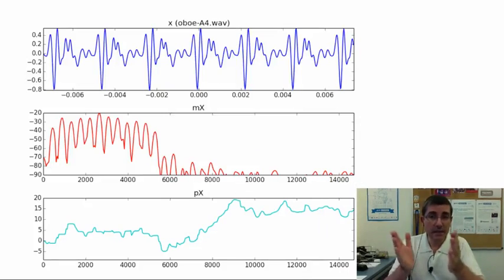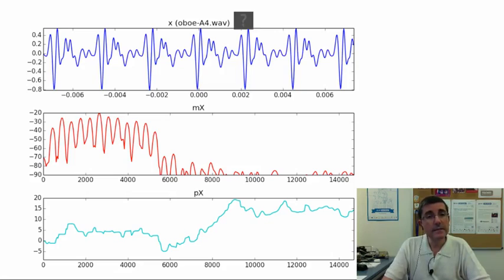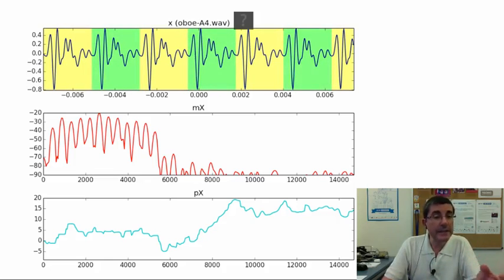So to understand the concept of F0 detection, let's look at some sounds and their spectra. This is a fragment of an oboe sound that we can listen to. The time signal clearly shows a periodicity, and we can identify a period, a cycle that keeps repeating. And this length, the period, its inverse is what we actually call the fundamental frequency.